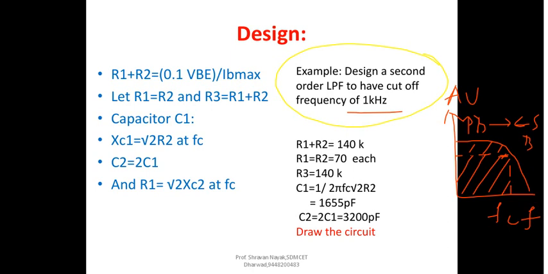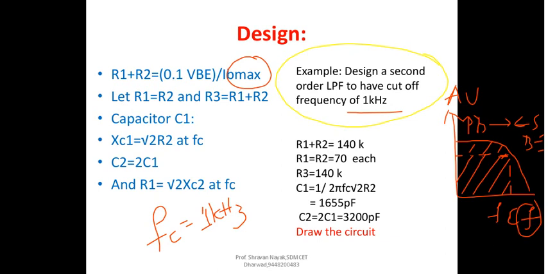Now, the solution of the problem is very simple, because we use the 741. Though it is not mentioned that you have to use 741, nothing else is mentioned, so you will have to use IC 741 here. Therefore, IB max is 500 nanoampere, right? So you will take R1 plus R2.